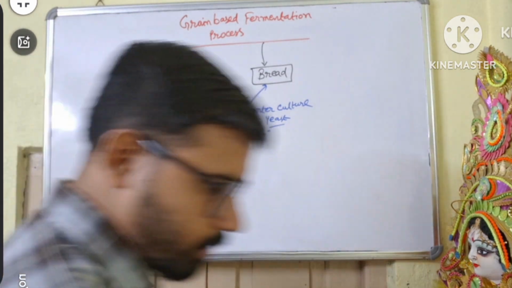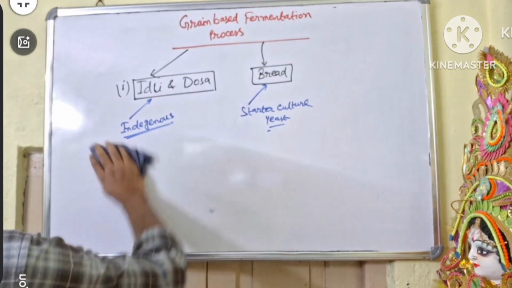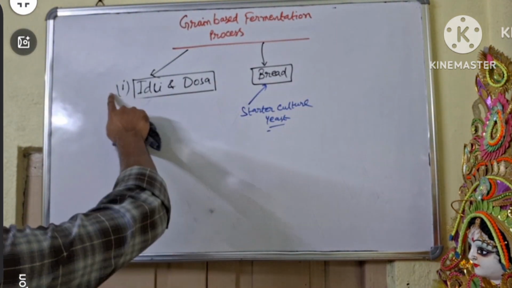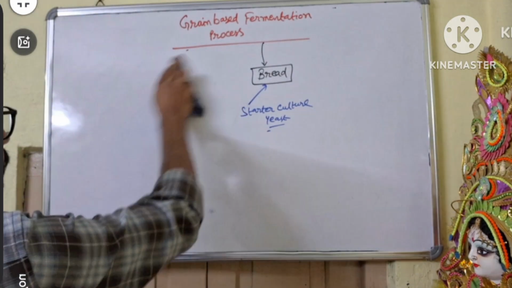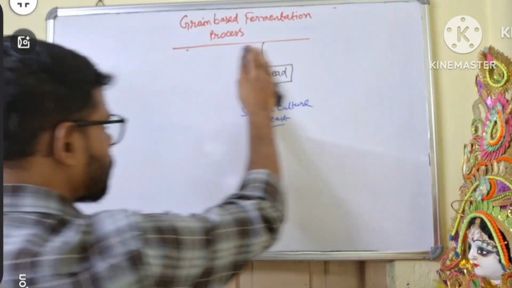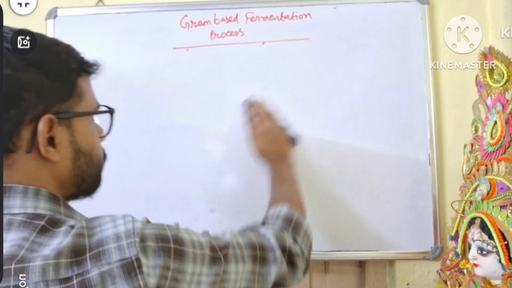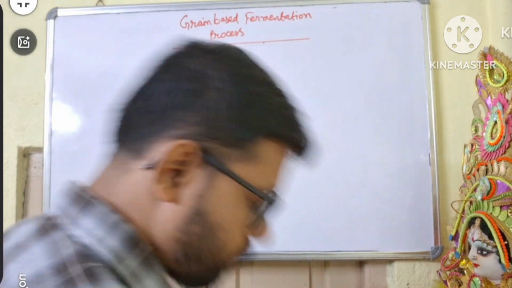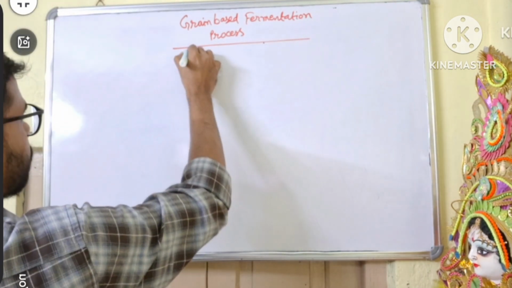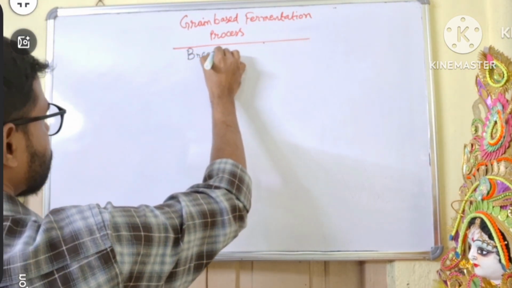So with that note, we start the bread manufacturing process. Previous day we discussed the idli dosa manufacturing process, a very simple one. But the bread manufacturing process has some complexity. So today's class is about the bread manufacturing process.